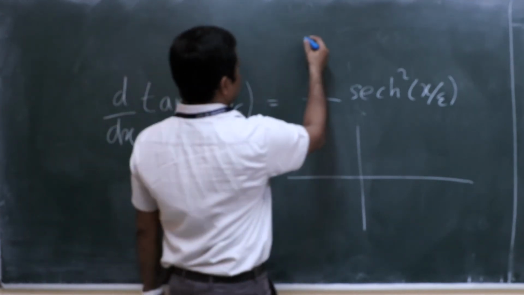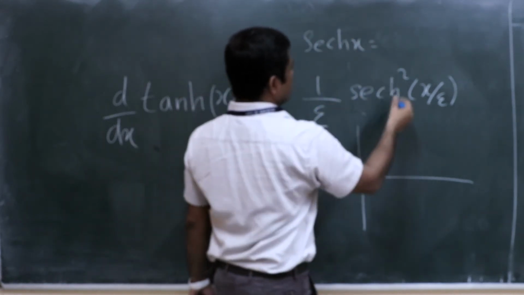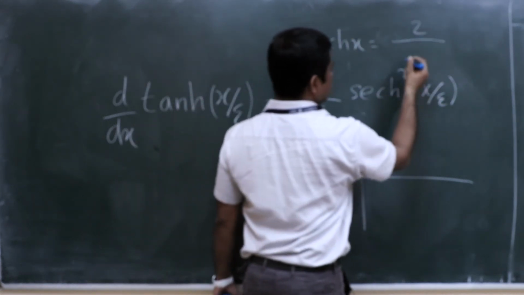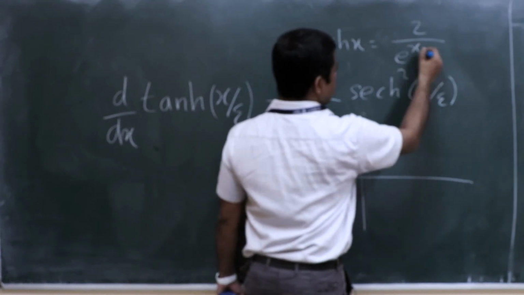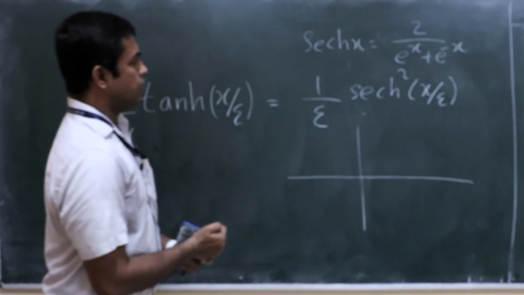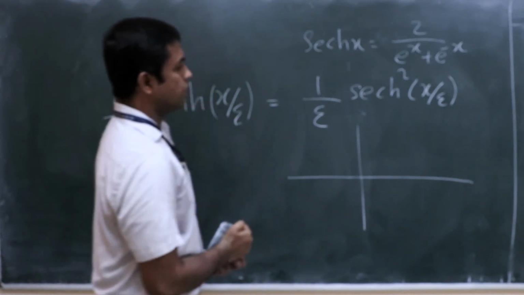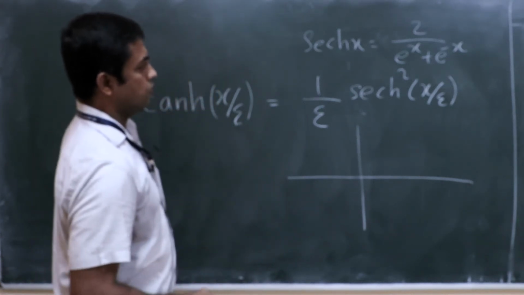So what is sec hyperbolic x, which is equal to 2 divided by e raised to x plus e power minus x, right? So when x tends to 0, what is the value? 1.